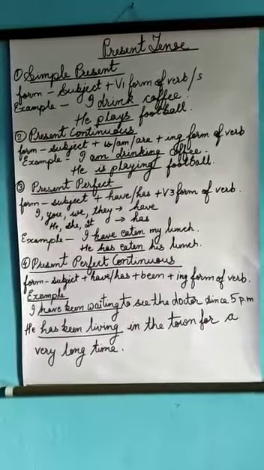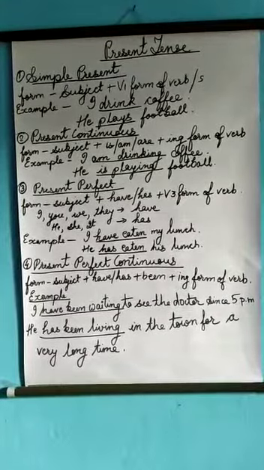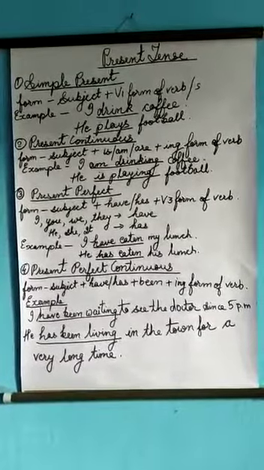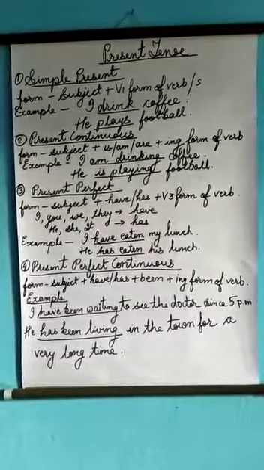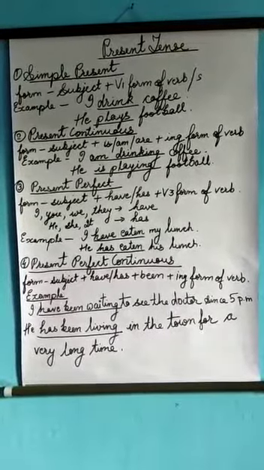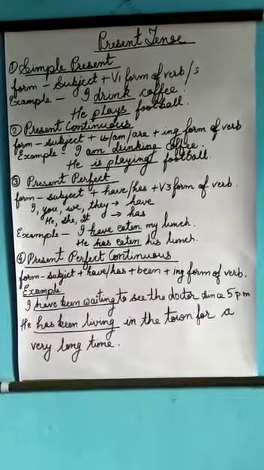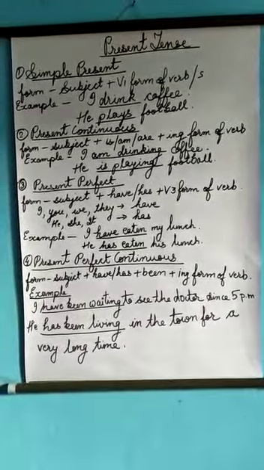Next, present continuous. The structure of the sentences in present continuous would be subject plus a helping verb like is, am, are plus ing form of verb. Now use of is, am, are will vary according to the subject. For example, I am drinking coffee.